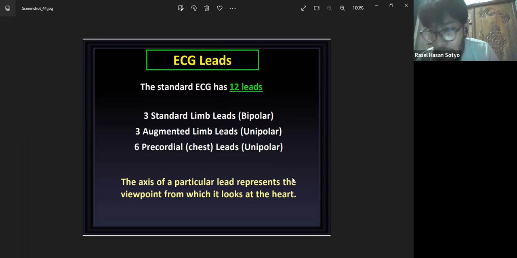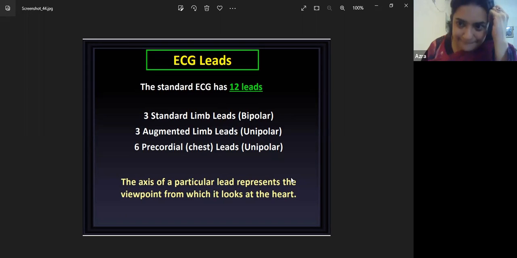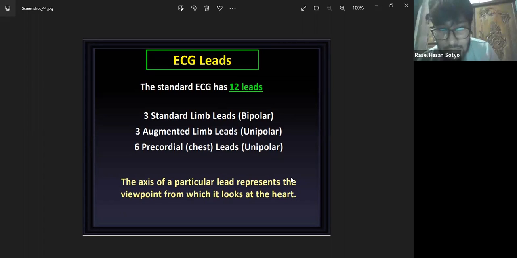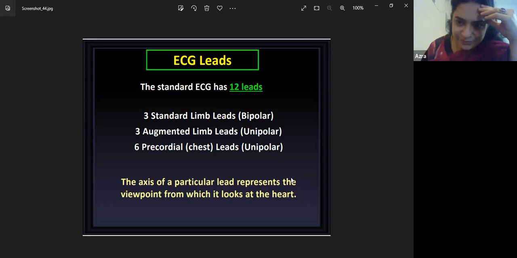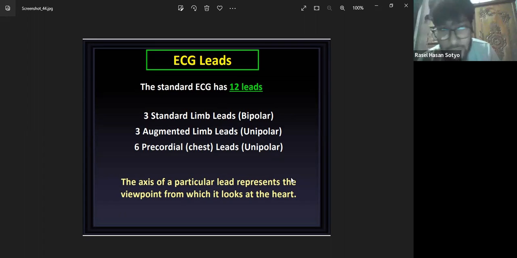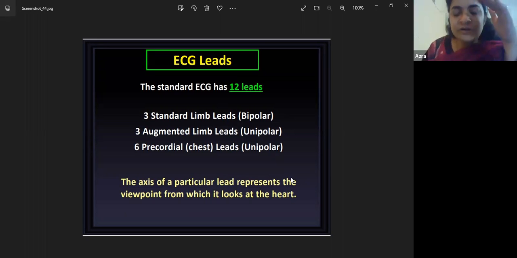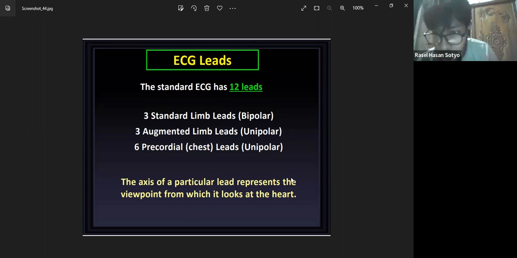Practically, when we do an ECG of a patient, we attach 10 electrodes. Exactly, practically. Okay, got it. 10 electrodes, but recorded as 12 leads on the ECG paper. So there are 4 limb electrodes and 6 precordial electrodes.